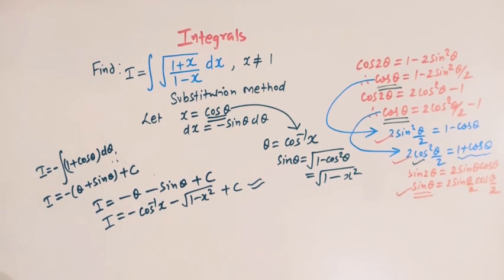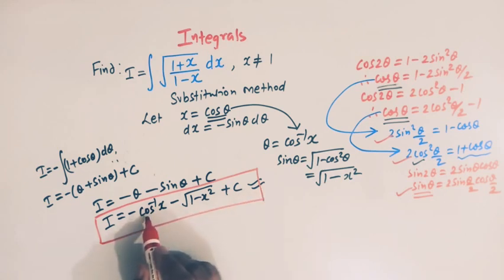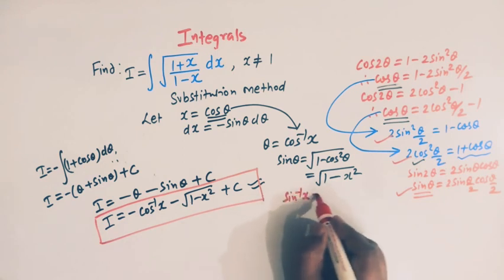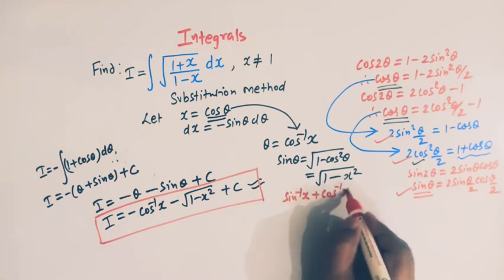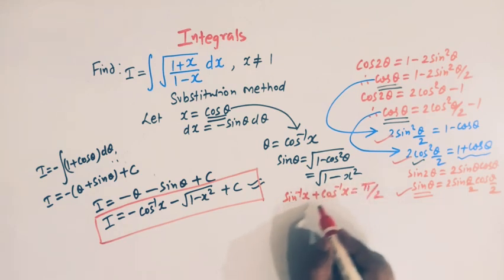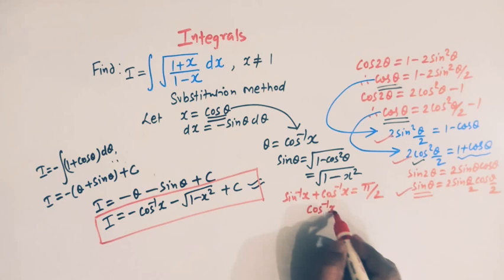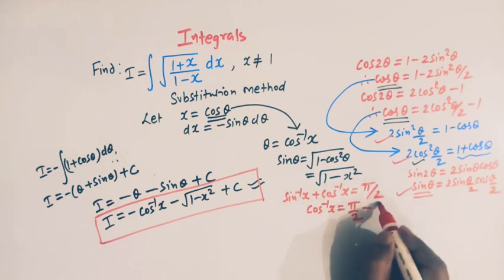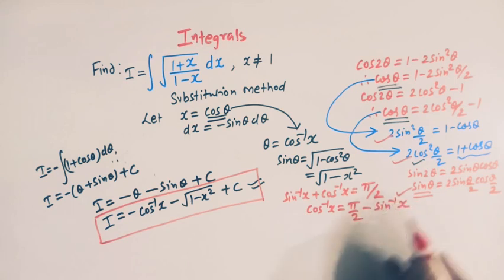Now viewers, here I would like to mention one important point. See, here we have got this result, right? Now from inverse trigonometric functions, we know that sine inverse x plus cos inverse x is equal to pi over 2, right? So cos inverse x can be written as pi by 2 minus sine inverse x.